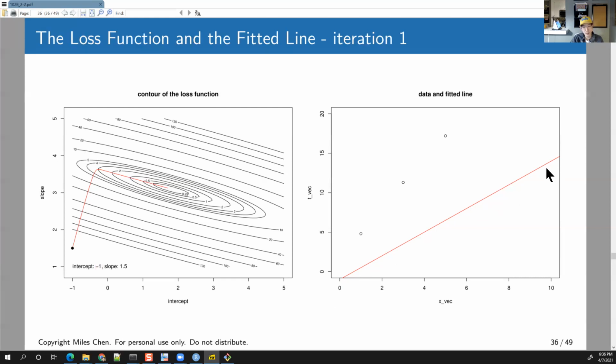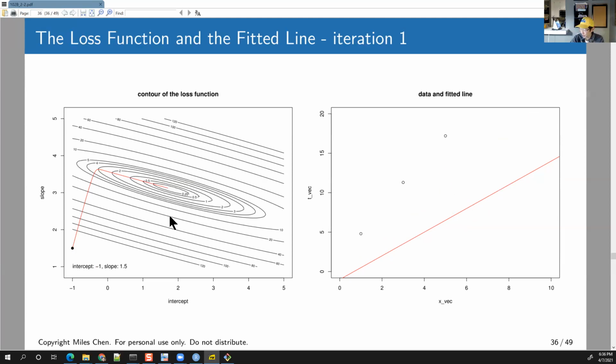At the next iteration, we take a step opposite of the gradient. It says, this is doing a terrible job of fitting the data points, so what we need to do is increase the slope.